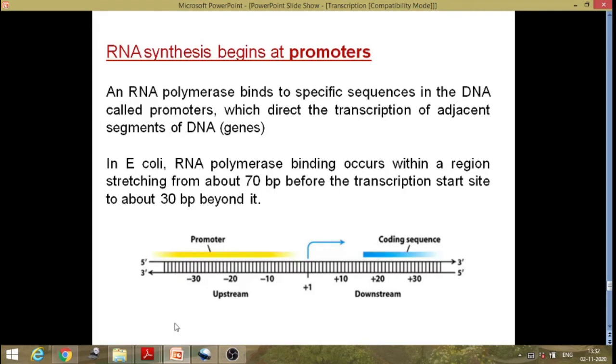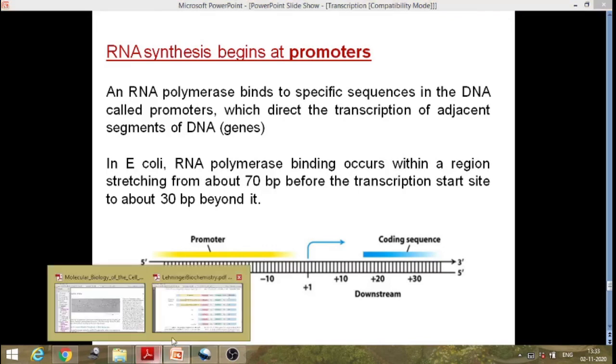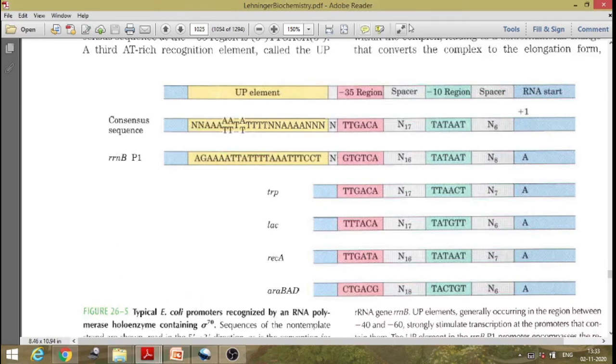So let us have a look at the sequences present at promoters to which the sigma subunit of RNA polymerase holoenzyme binds. This figure shows typical E. coli promoters recognized by an RNA polymerase holoenzyme containing the sigma 70 subunit.